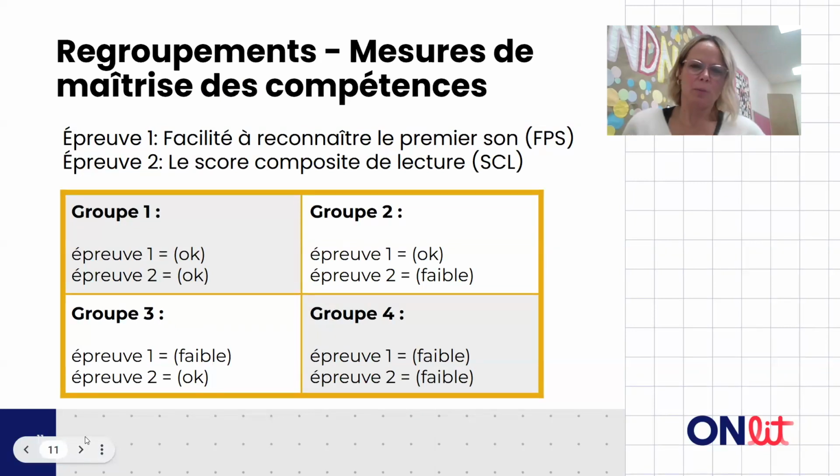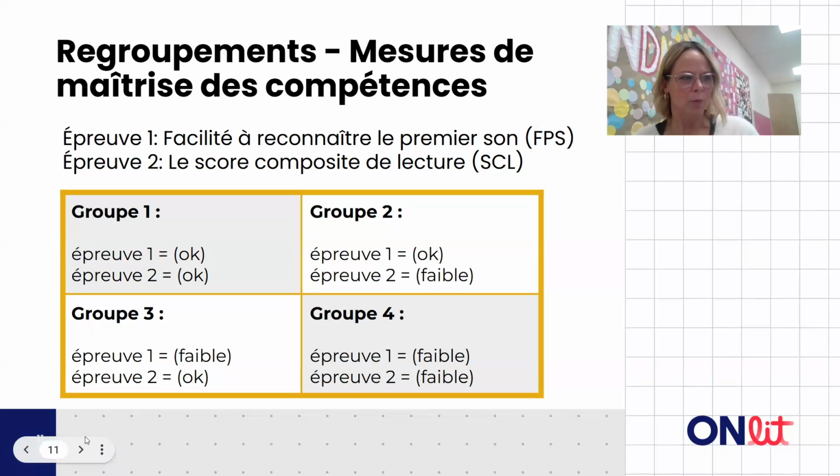So thinking about your grouping, so now you have your data, and I love data, so I just think of the richness of the data that we have now and how much it tells us, and how might we use it to create our groupings. So if we consider that facilité à reconnaître le premier son is épreuve 1 et le score composite c'est épreuve 2.